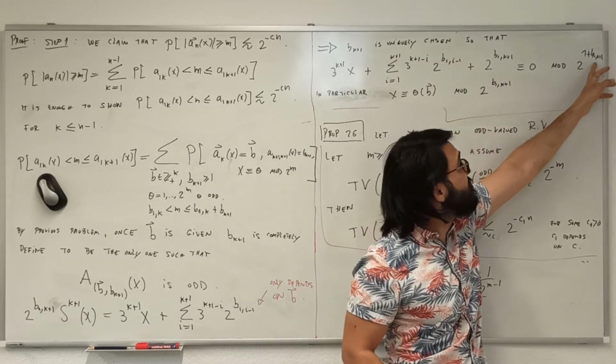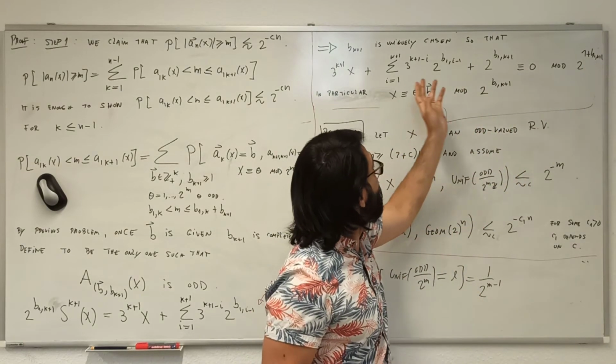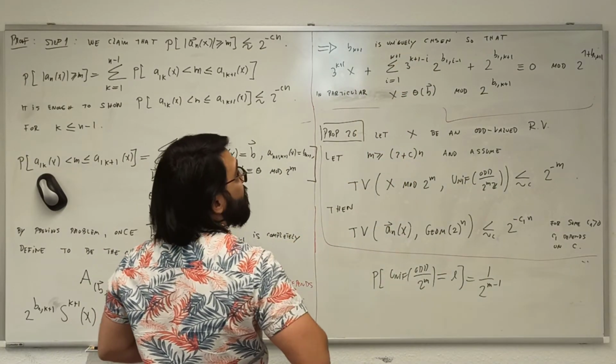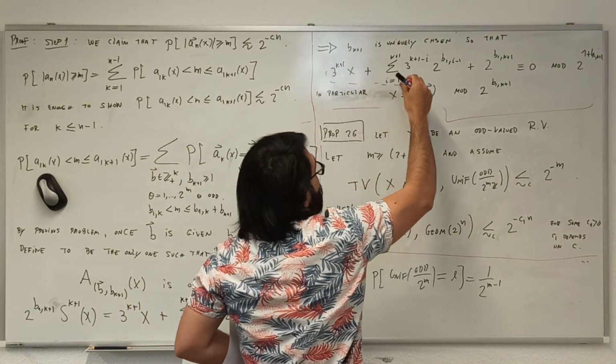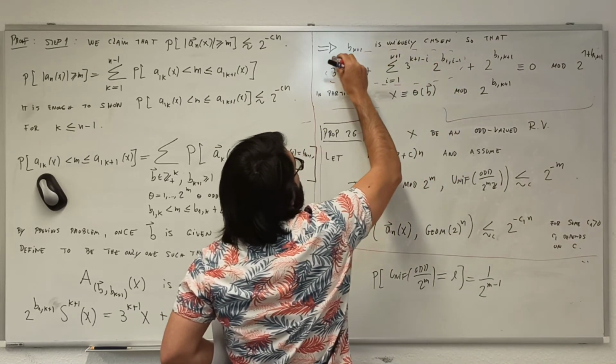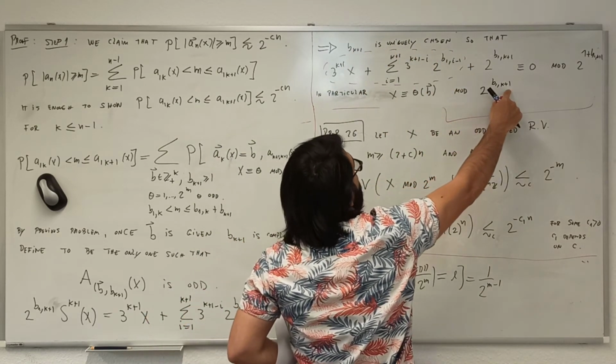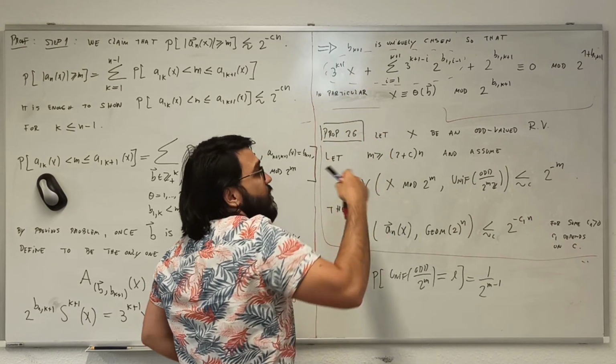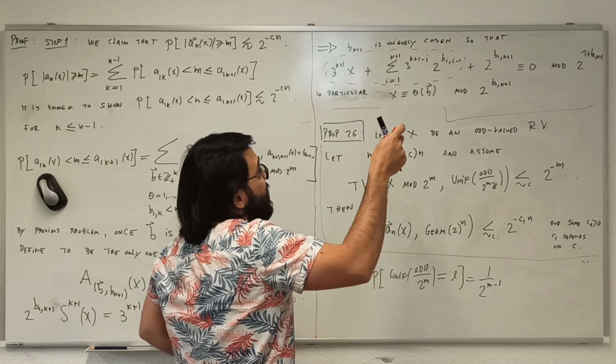Well, this is 1 plus 2^{b_{k+1}} times something, which implies that this thing here is congruent to 0 modulo 2^{b_1+...+b_{k+1}}. In particular, you can invert, because 3^k plus 1 is always invertible modulo any 2^L.